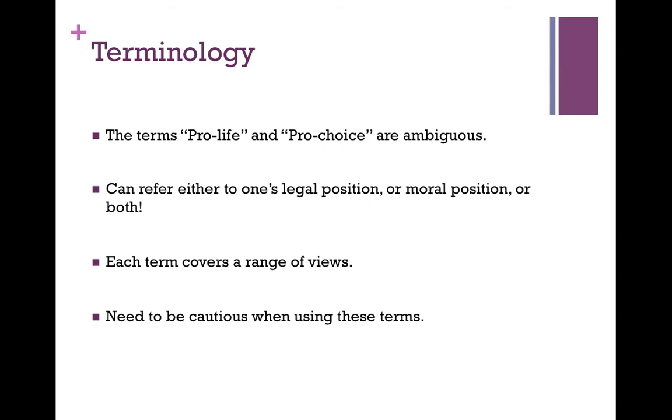And so they would think abortion is wrong in all cases but those couple I just mentioned, rape, incest, or threatens the mother's life. And so you can see that is a pro-life position, and yet it's a little less extreme than the others. And so when someone says, hey, I'm pro-life, to me, when I hear that, I'm thinking, I don't really know what your view is based on what you just said. That term you're using is just so broad. It could cover a lot of different things.